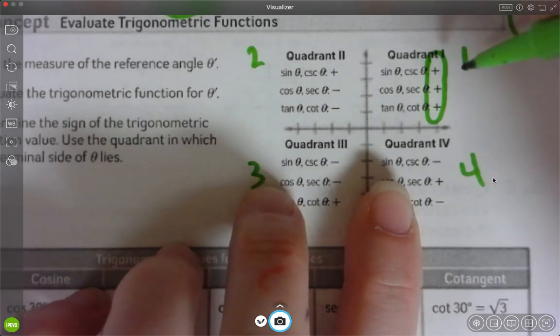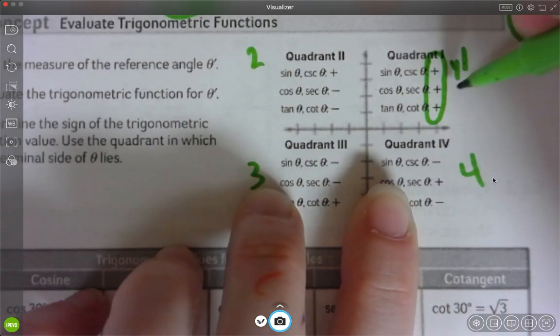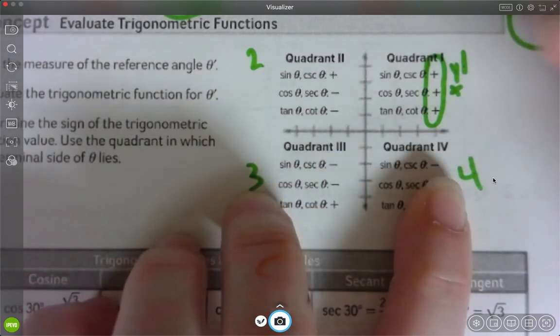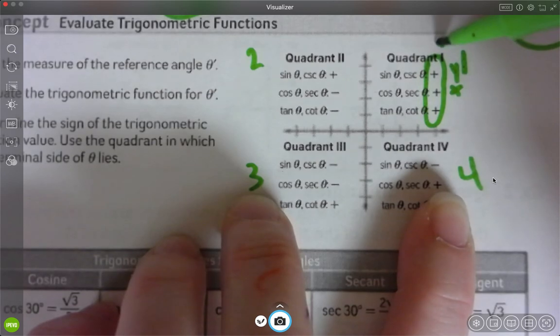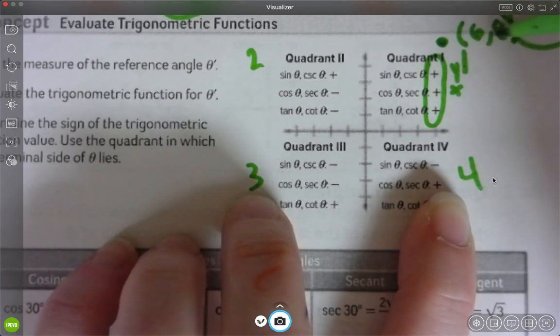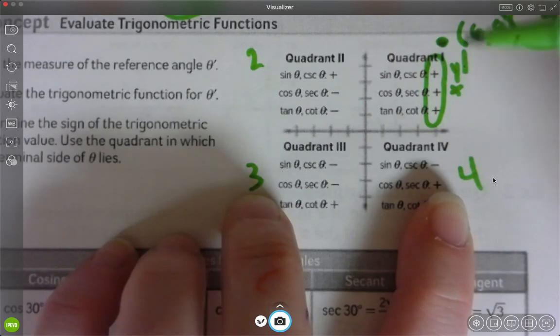We learn in trig class that sine corresponds to the y coordinates and cosine corresponds to the x coordinates. If you have a point in the first quadrant, up here, maybe the point 6, 8, both of those are positive, which means both sine and cosine are positive.